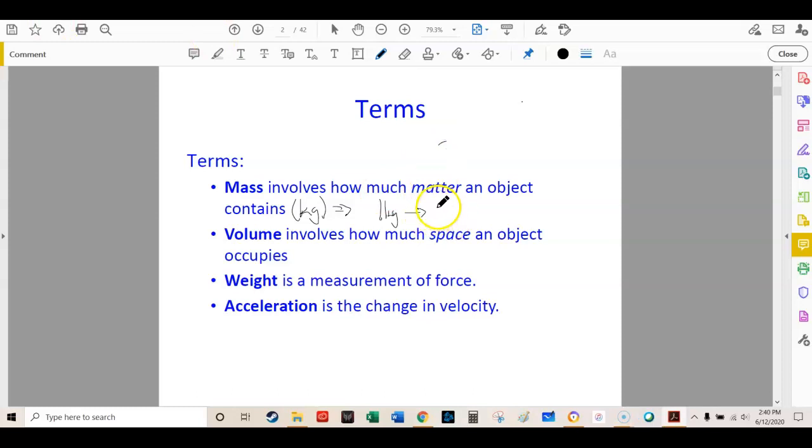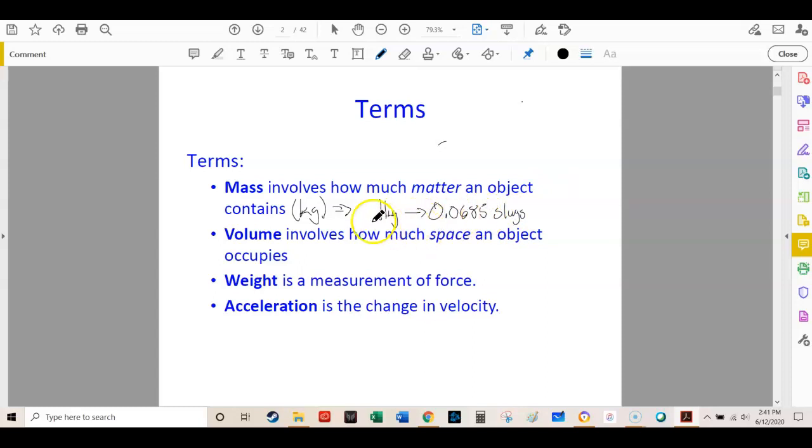So the American unit for matter is slugs, and 1 kilogram is 0.0685 slugs, just like the little critter.